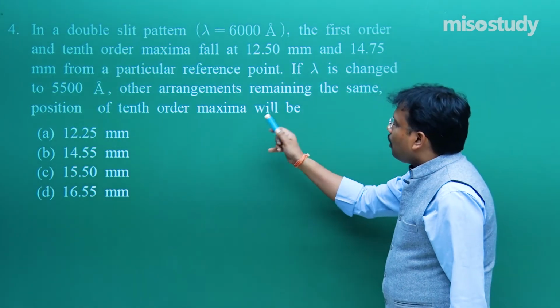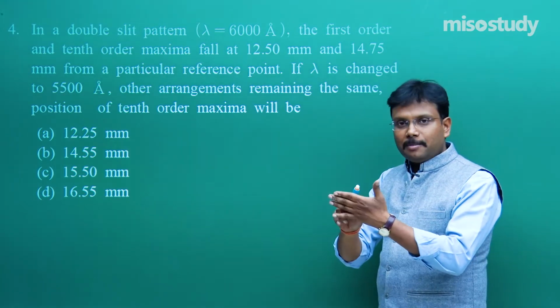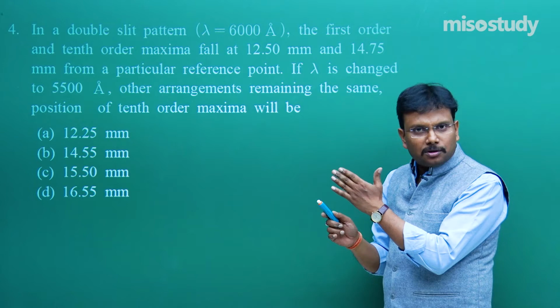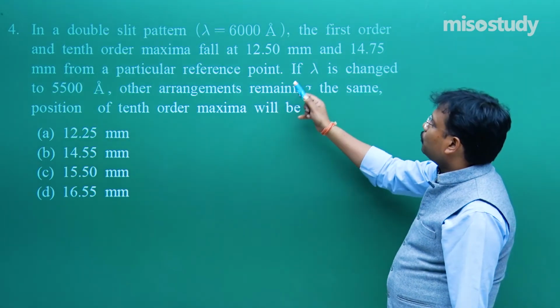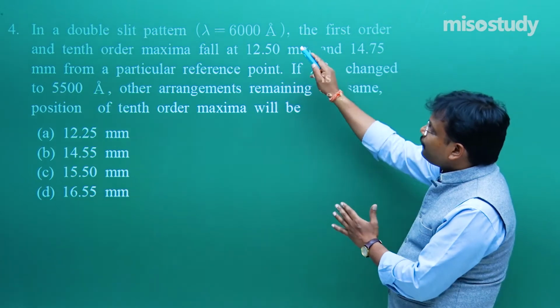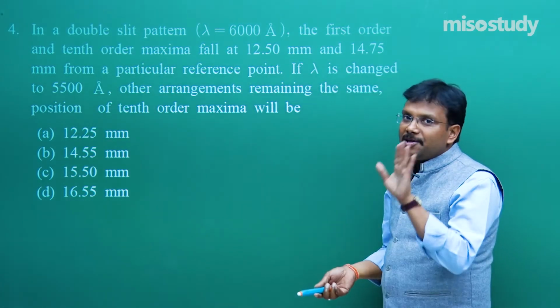Position of 10th order maxima will be how much? Fine. So, first maxima, then minima, then maxima, then minima, so on so forth. So, you have to find out 10th order maxima if wavelength is slightly decreased. So, I hope the problem is clear.